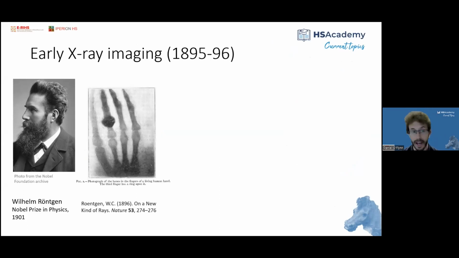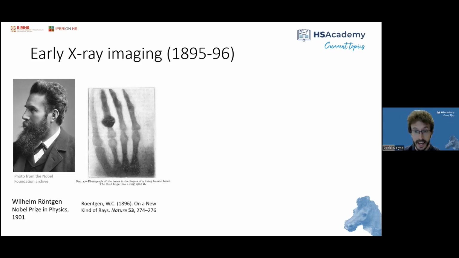Figure 1 of the paper was an X-ray image of his wife Bertha's left hand with her wedding ring present. And it was very quickly understood that X-rays had the potential to study under the surface of people or animals without disturbing the surface.